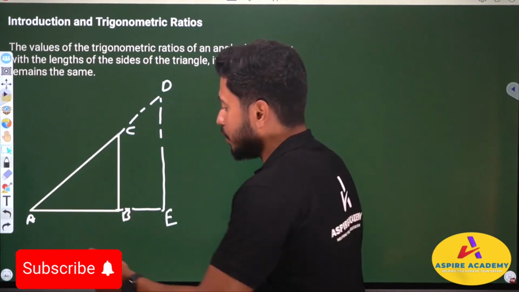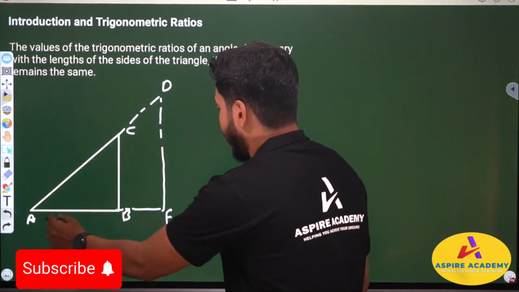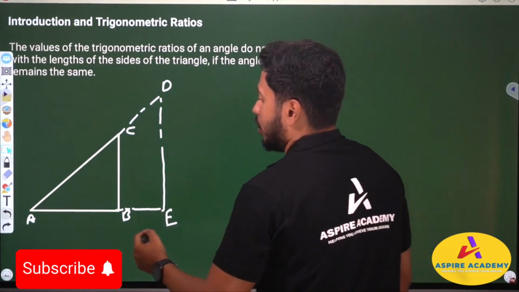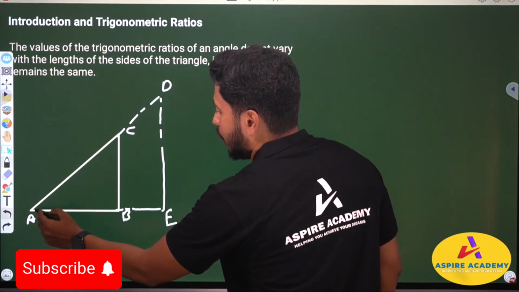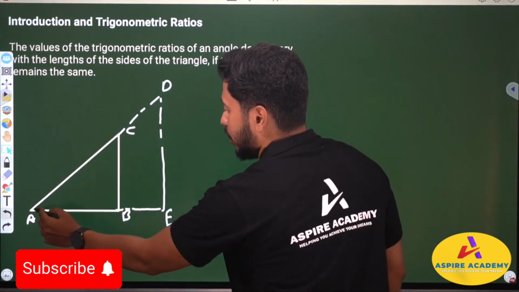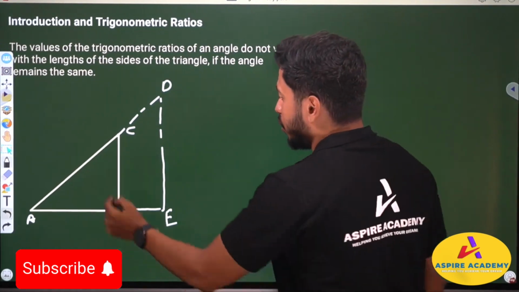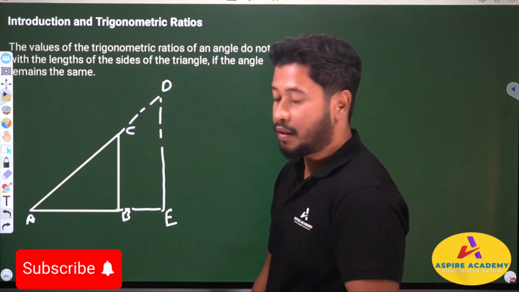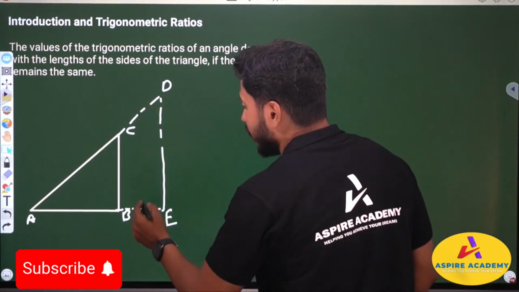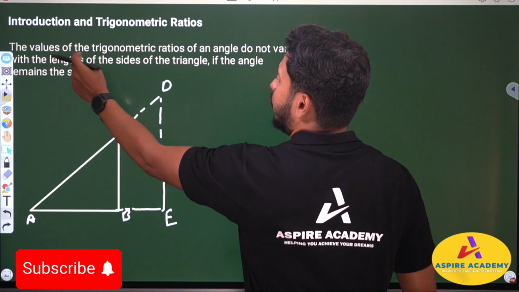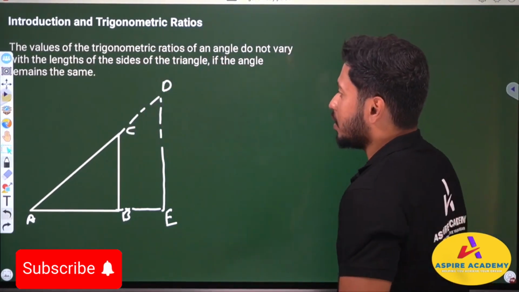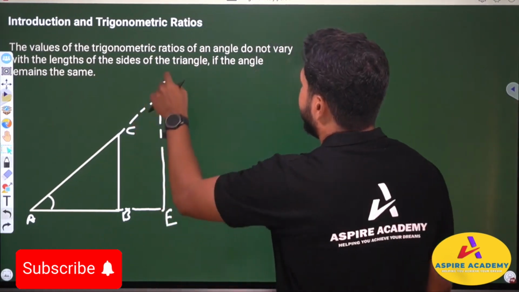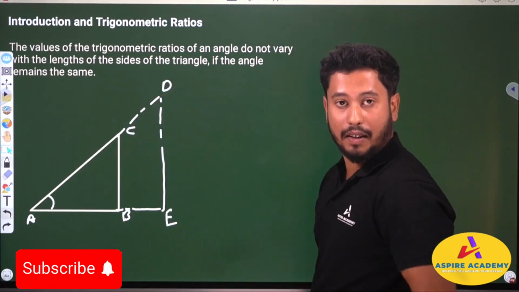There are two triangles, ABC and AED. In both triangles we have increased the side AC to AD and AB to AE, and BC is also increased to DE, right? So it is written that the value of the trigonometric ratios of an angle, this trigonometric angle, does not vary with the lengths of the sides.